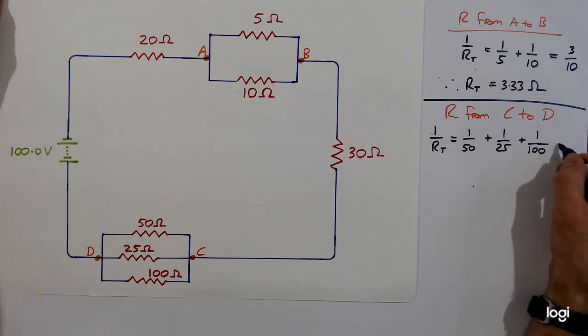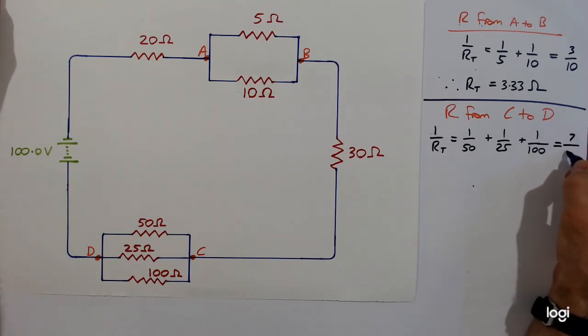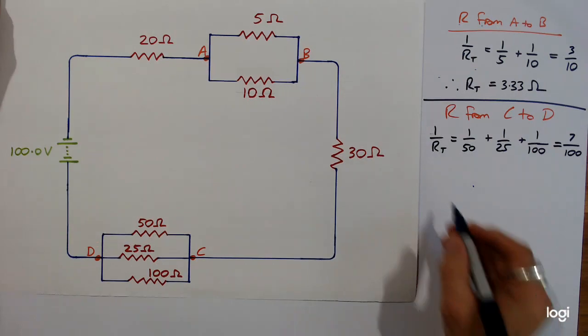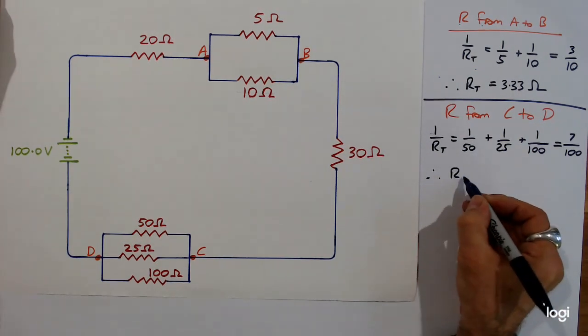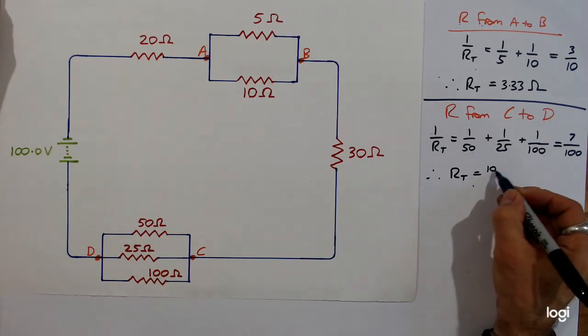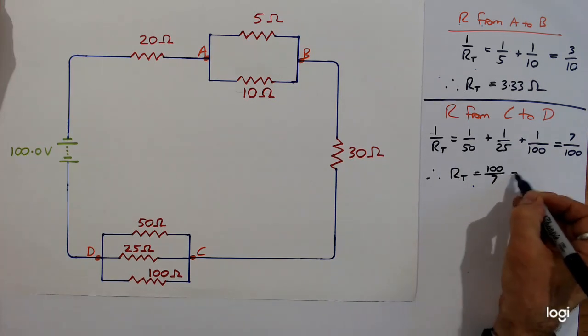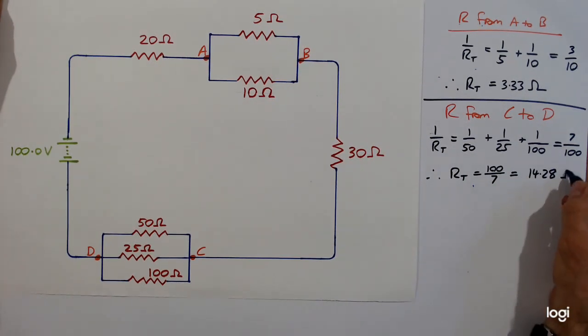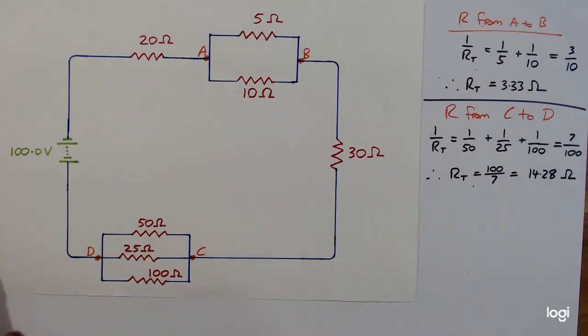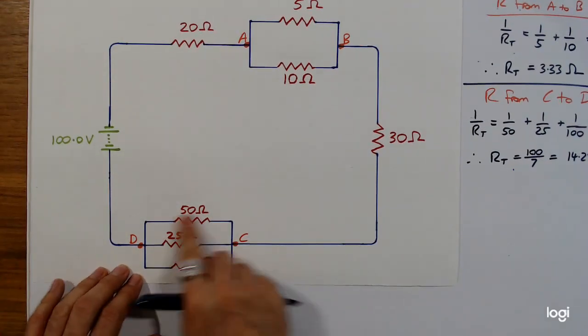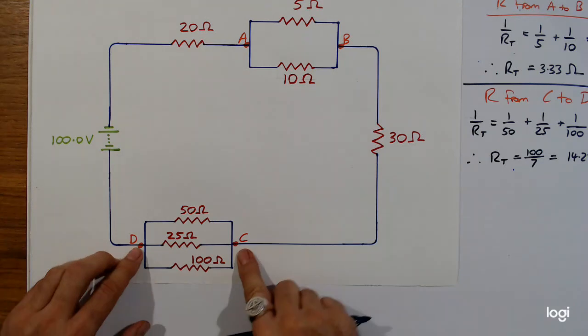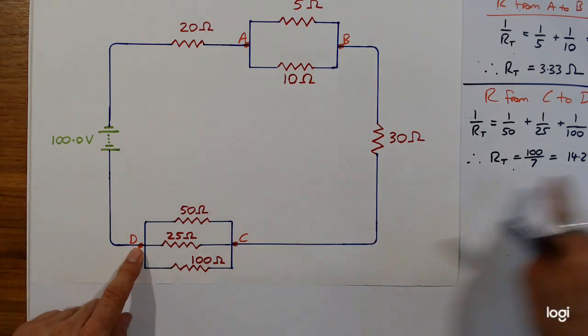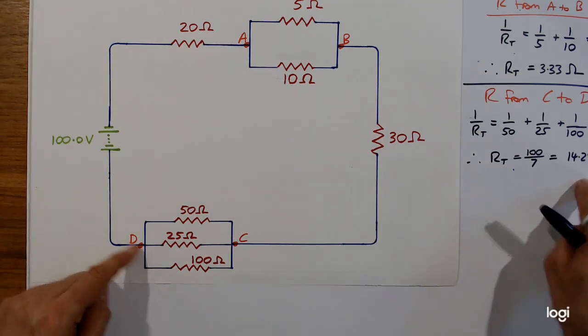Actually, I am. That's 7/100ths. Therefore, flipping that, it's 100 divided by 7. And everyone knows that 100 divided by 7 is 14.28. So that's 14.28 ohms. So again, instead of having all this schmozzle here, you could just replace that whole deal from C to D with one 14.28 ohm resistor.